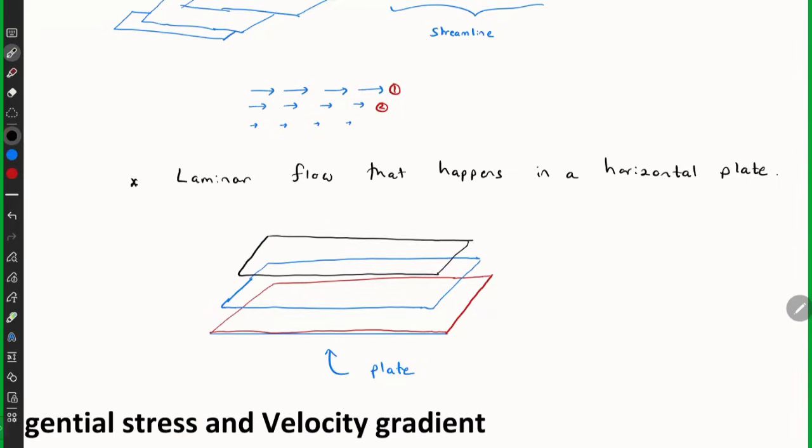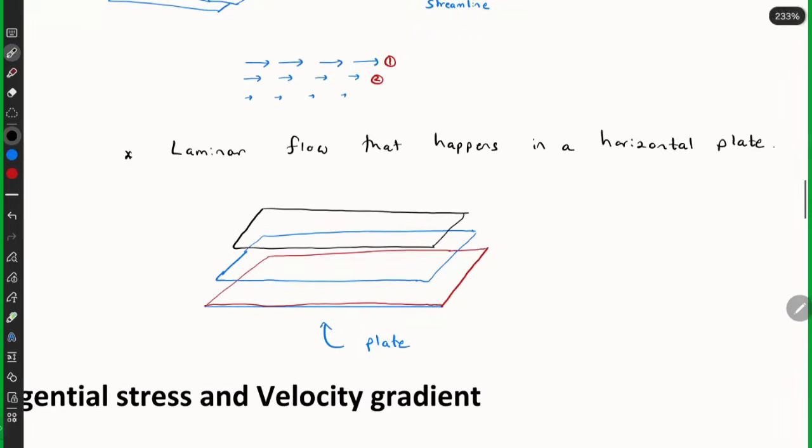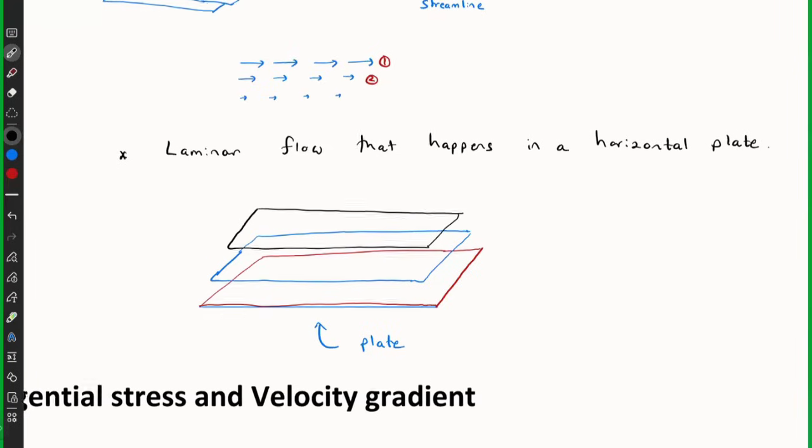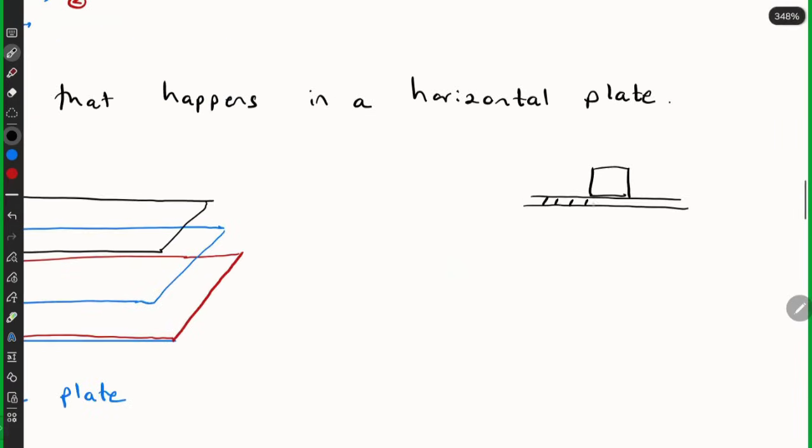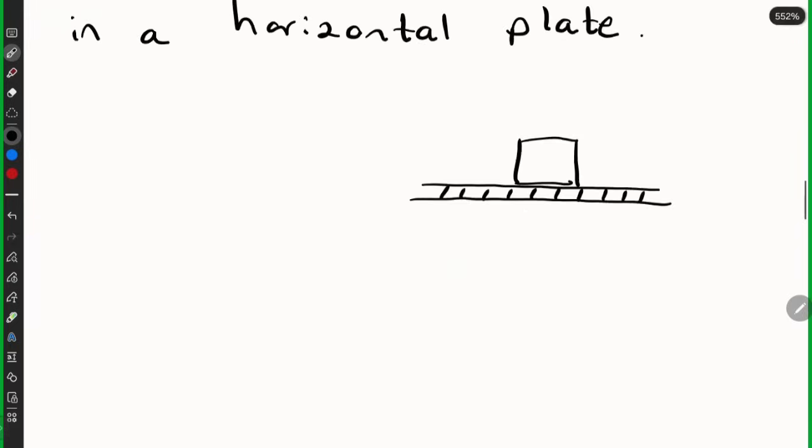So now, let's think about a scenario where you have a block of some kind, and then there's a very thin film of liquid. So here we have a block of some kind, a particular block. And then there's a thin film of liquid.